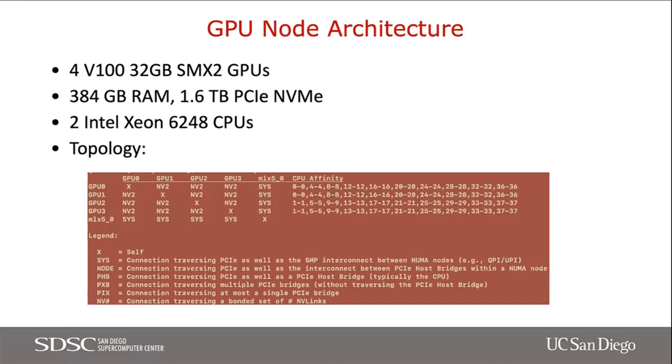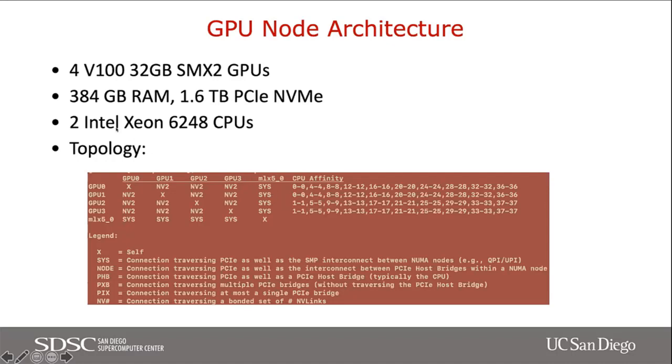So that actually brings me to the GPU node architecture. It's 4 V100s, as I mentioned, 32 gigs on each V100 GPU. The host node itself has basically 384 gigabytes of RAM and 1.6 terabytes of NVMe.